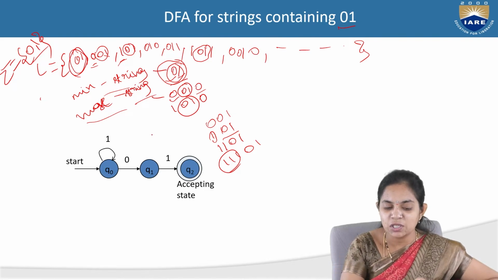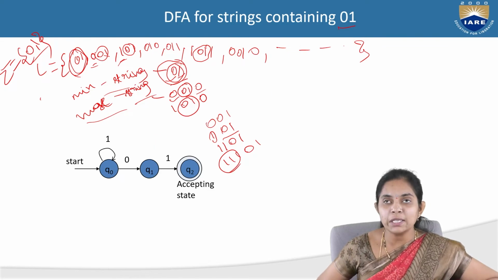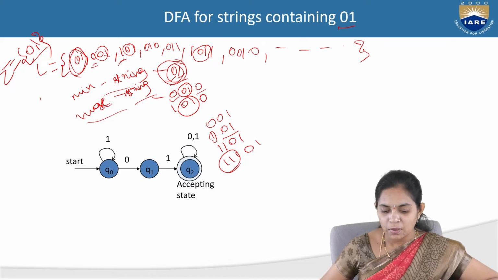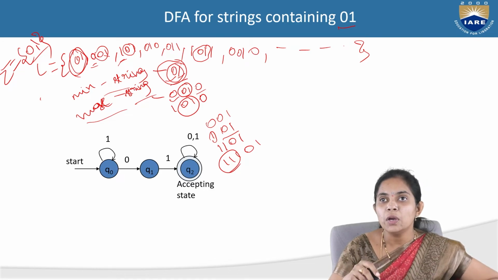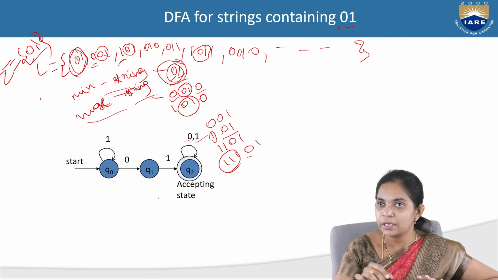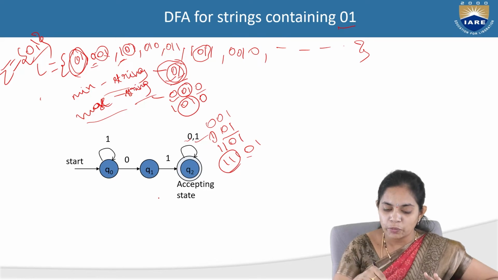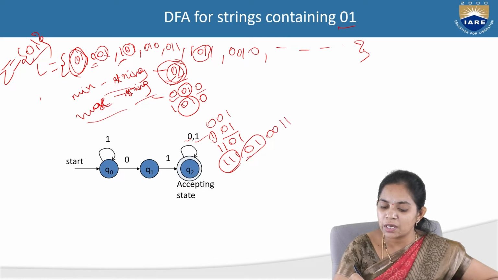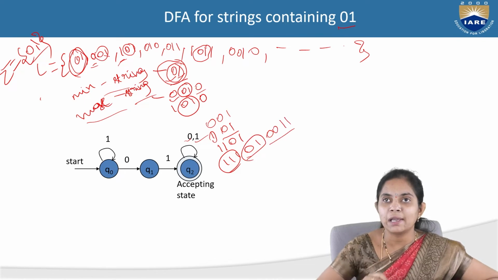It is about the string being initialized with 1, and the string ending with 0 or 1. The string is either going to end with 0 or 1. So this is how the loop works for how many zeros and how many ones come after the substring. That is solved by this self loop.